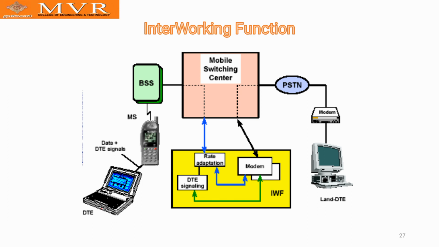The mobile switching center and the public switched telephone network are all interlinked, with modem or landline data transfer. Those are rate adaptation, signals and modems, and the IWF, the modules of interconnection or interworking functions. Here the base station subsystem and the public telephone network completely interwork through the mobile switching center.